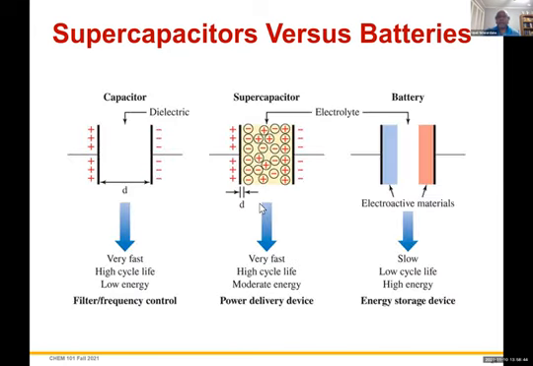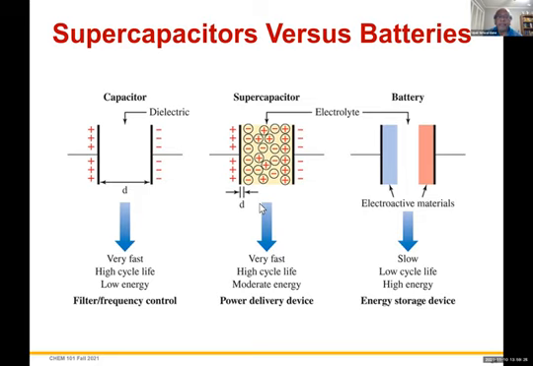Now I'm going to change the topic a little bit. This is a big deal in energy storage. The electrons are stored in electronic circuitry in capacitors. There are two types of capacitors. One is regular capacitors, small ones, with two electrodes, positive and negative, separated by dielectric material with a distance of d.